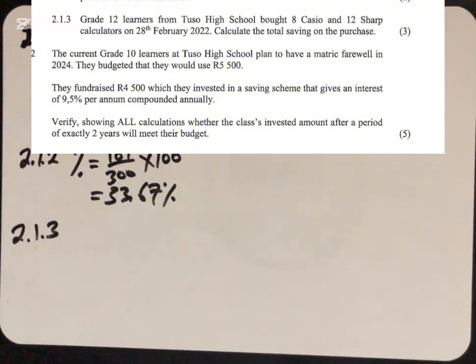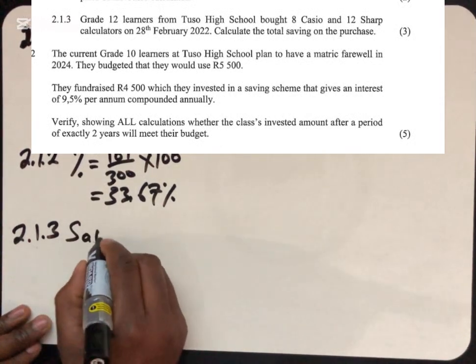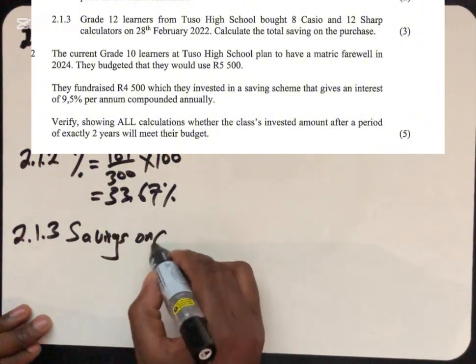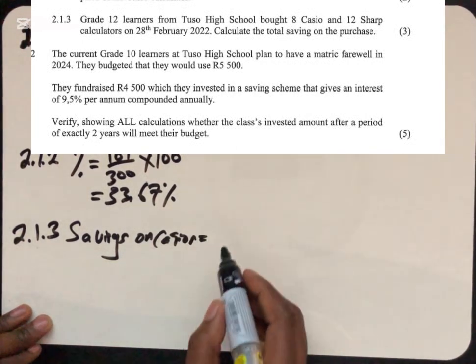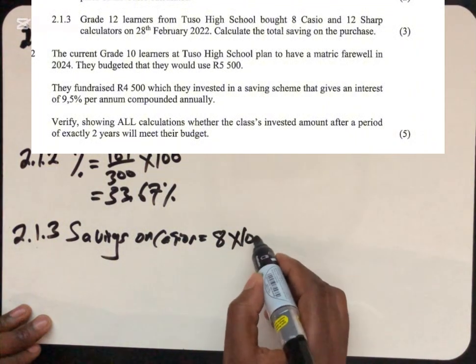Then 2.1.3 says that grade 12 learners from Tuso High School bought 8 Casios and 12 Sharp calculators on the 28th of February 2022. Calculate the total savings on the purchase. So we are now going to say savings on Casio. We know that they bought 8 multiplied by the saving amount, which is 101.